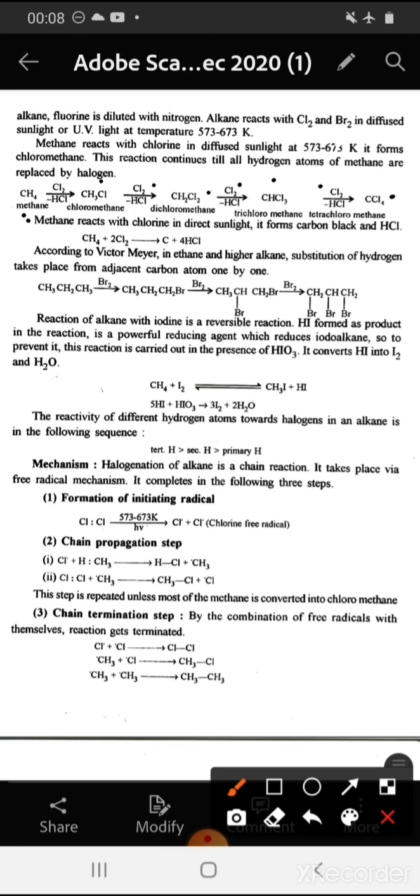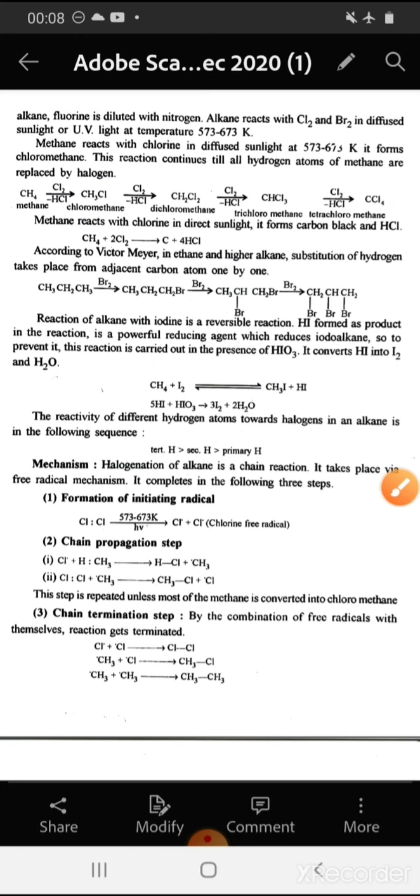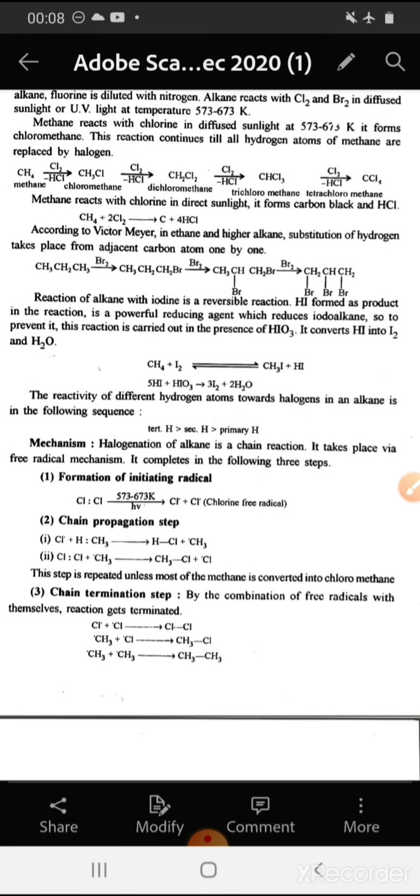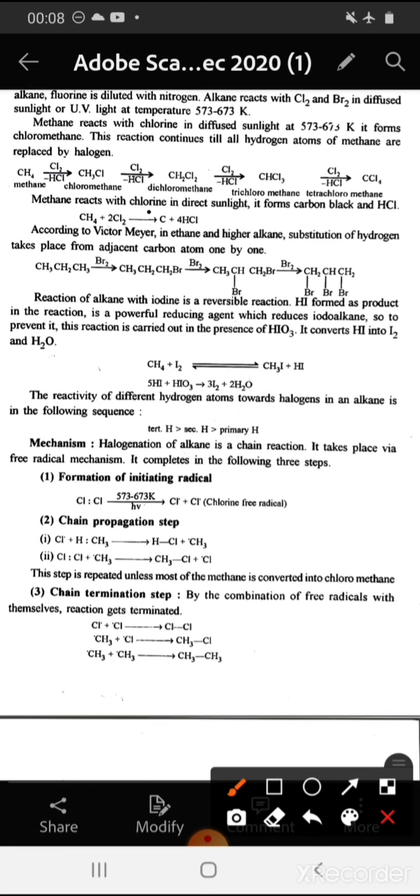So here we see that the 4 hydrogen atoms have been replaced by 4 chlorine atoms. Methane reacts with chlorine in direct sunlight to yield black carbon and HCl.